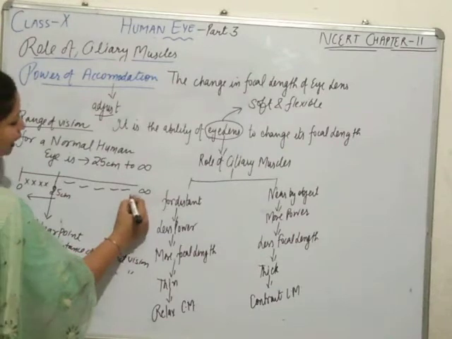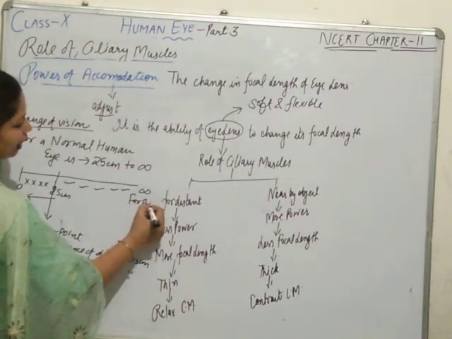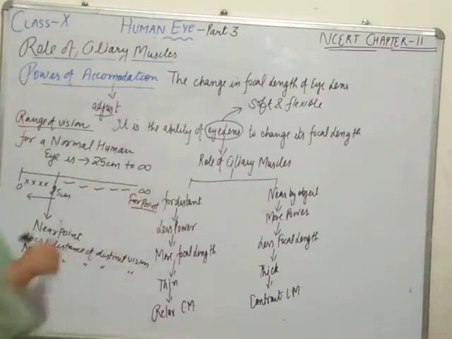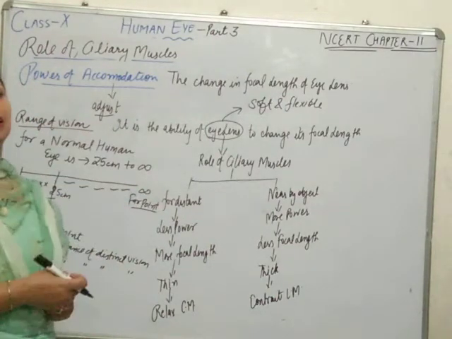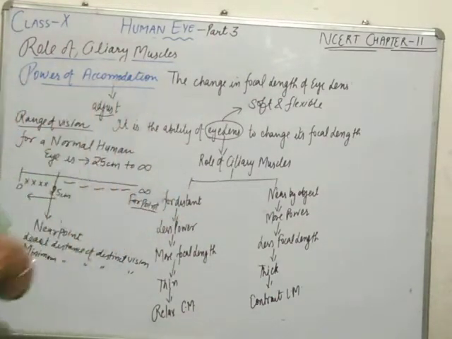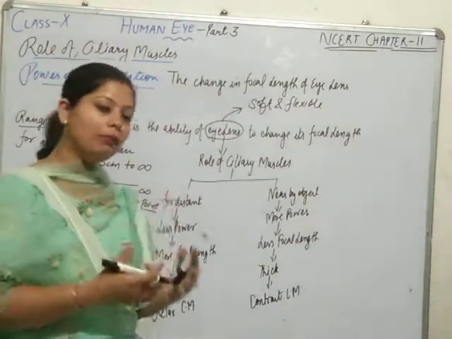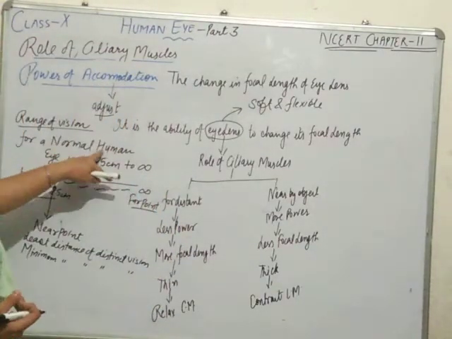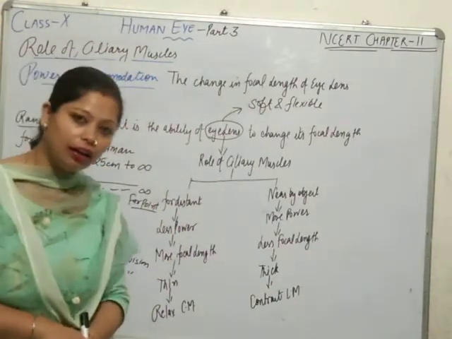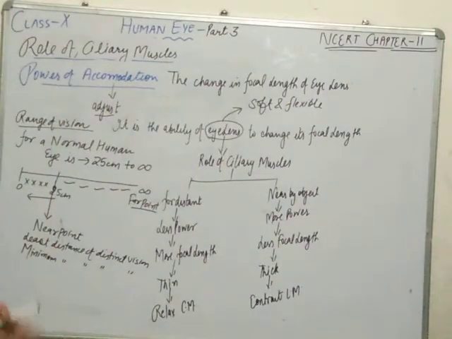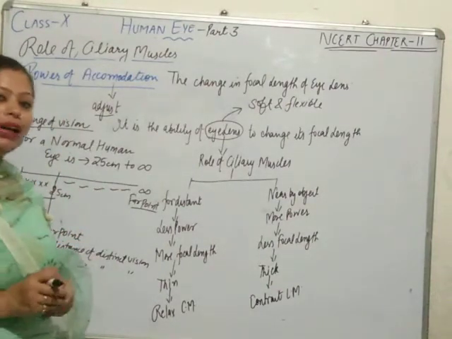What is far point? It is the last one topic to be discussed in this video. What is far point? The maximum distance, the largest one distance, the farthest point, the maximum distance up to which a normal human eye can see clearly, can see distinctly without any strain.